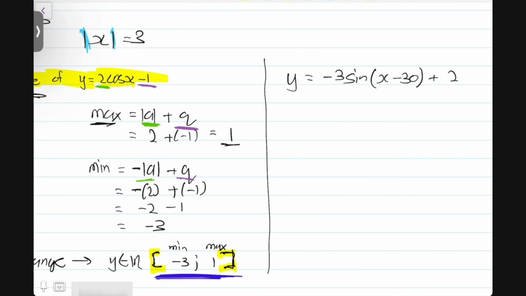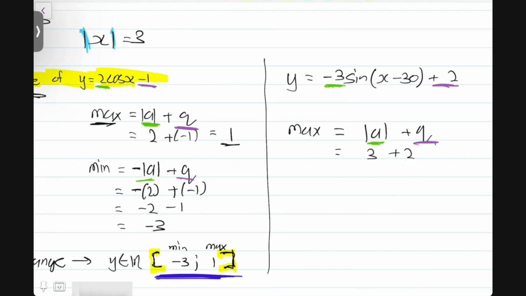So if you want to find the maximum value, it is your absolute value of your amplitude, or like I said, if you want to think of it as your magnitude, you can. Rules still apply. A value, Q value. So now, absolute value, what's just the number value of this? The number value of that is just going to be 3.